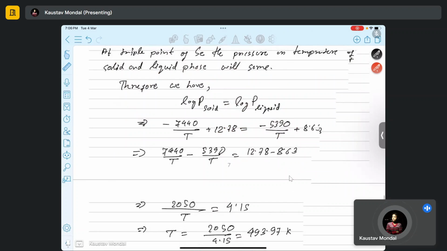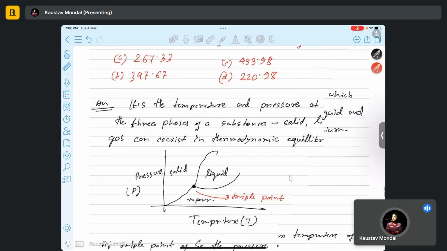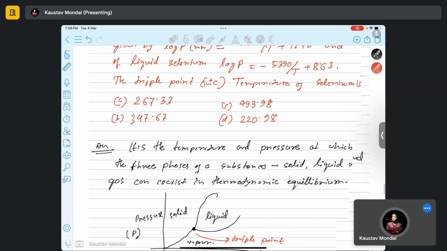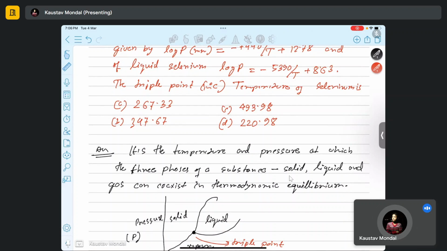So that would be the correct answer. Option number C would be the correct option.